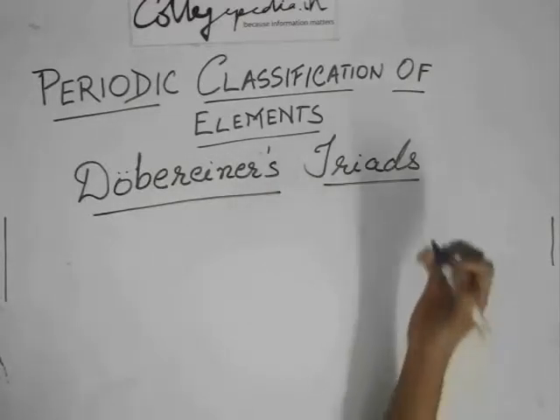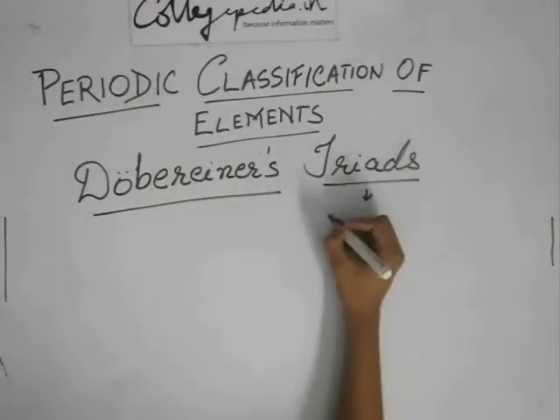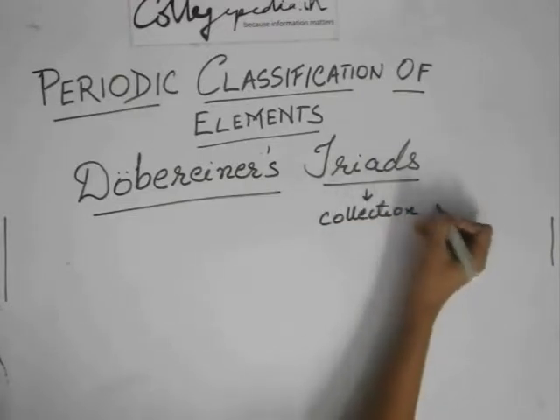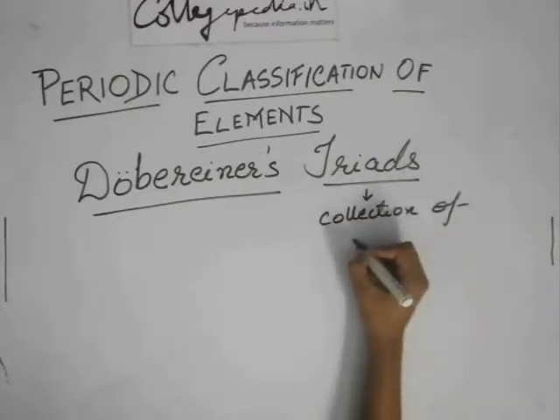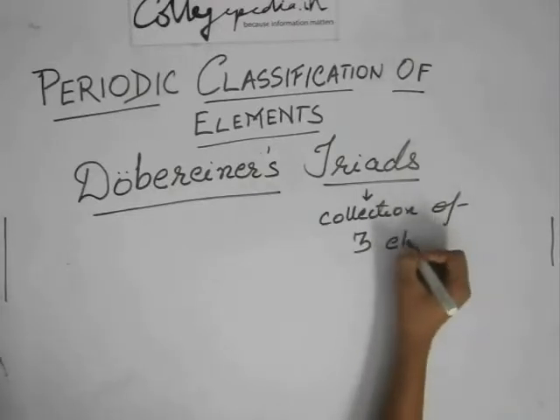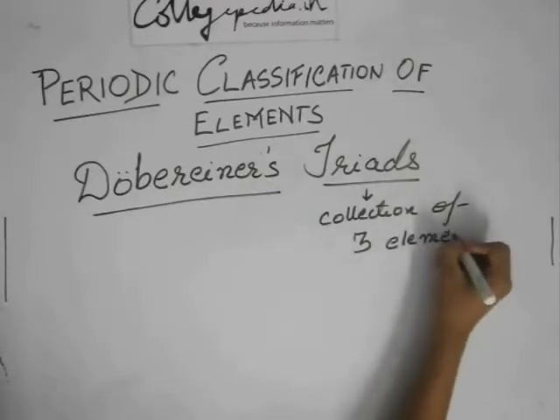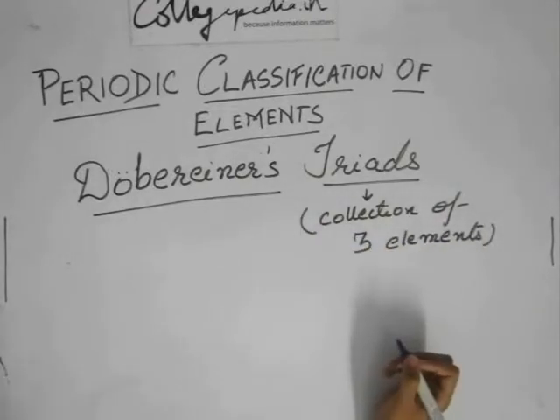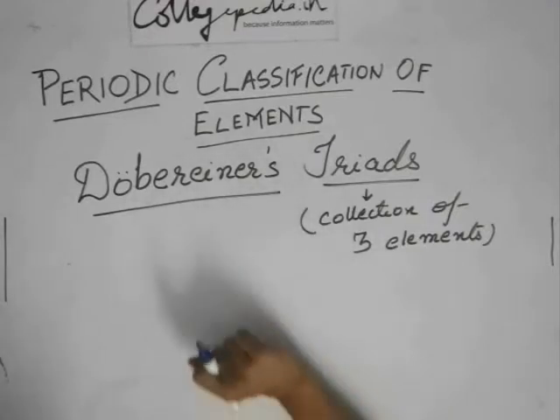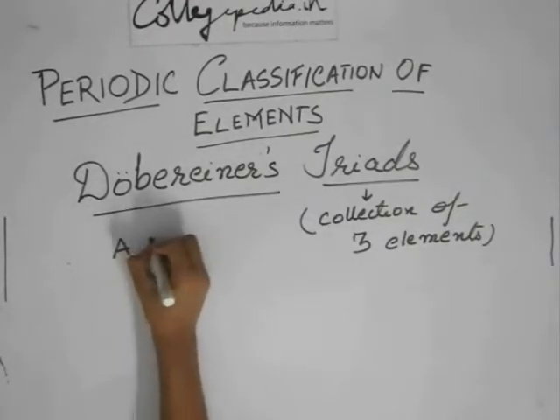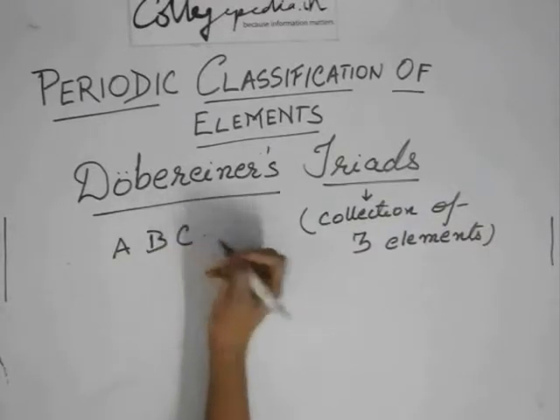Now triads are basically a collection of 3 objects or things, or in this case elements. So he took 3 elements. Let's say he took A, B, C. I'll tell you what were A, B, C later.